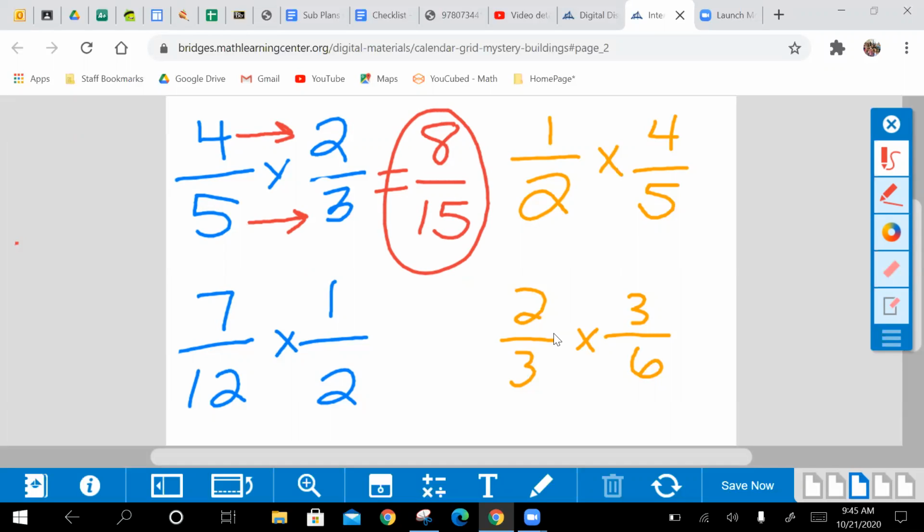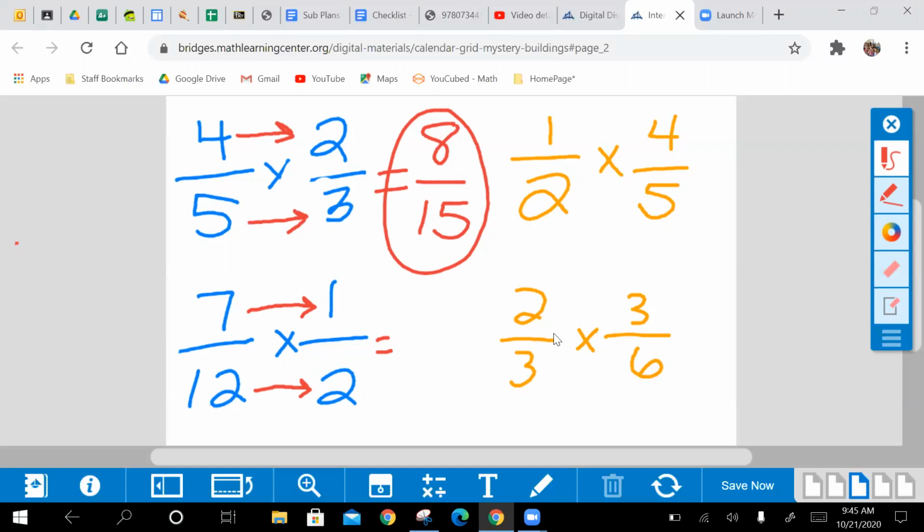So we're going to go to the next blue problem. We multiply straight across. So if you have paper in front of you or your whiteboard, go ahead. I'll give you 1 second to do that. Just remember, numerator times numerator, denominator times denominator.